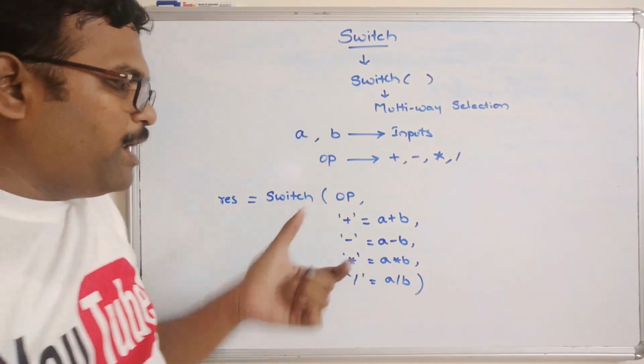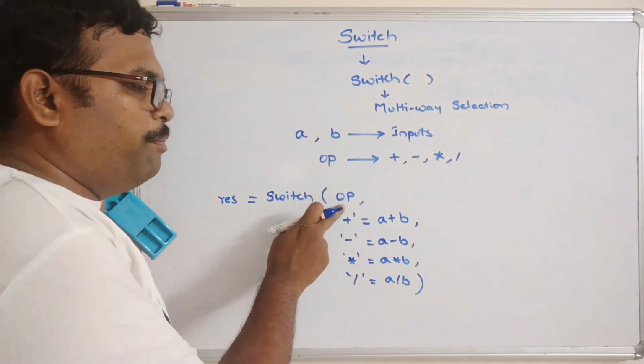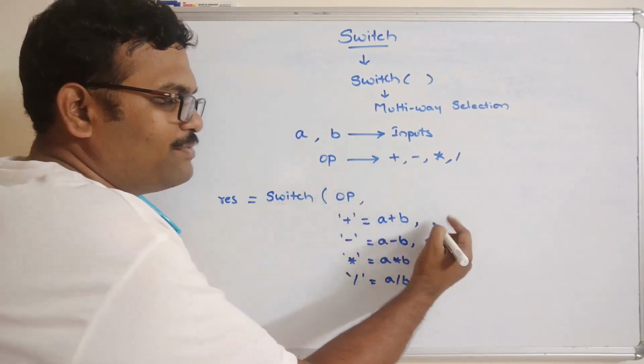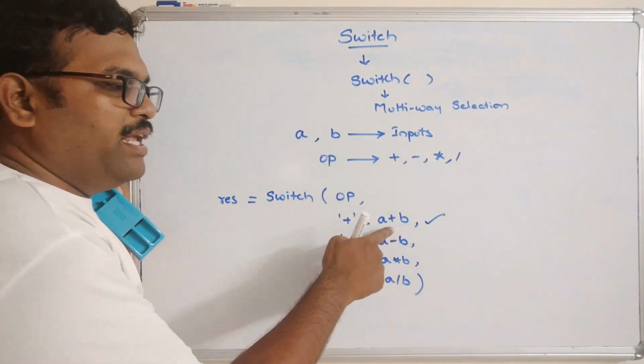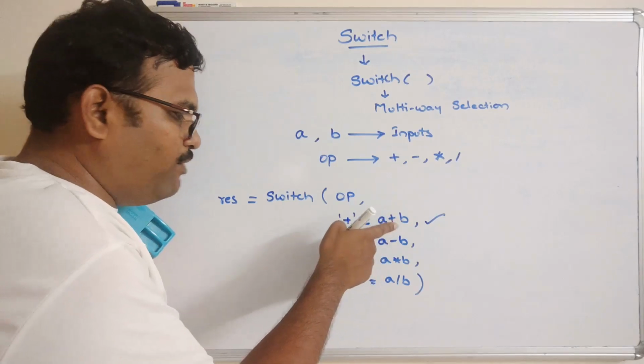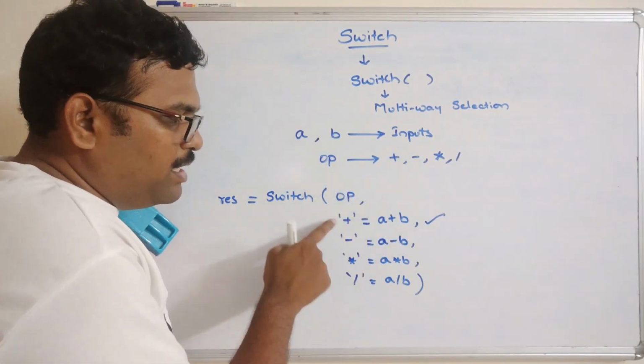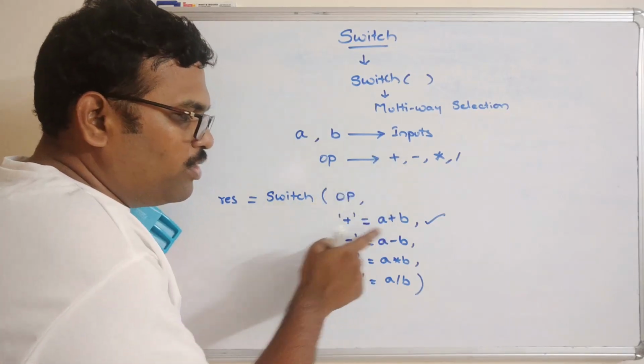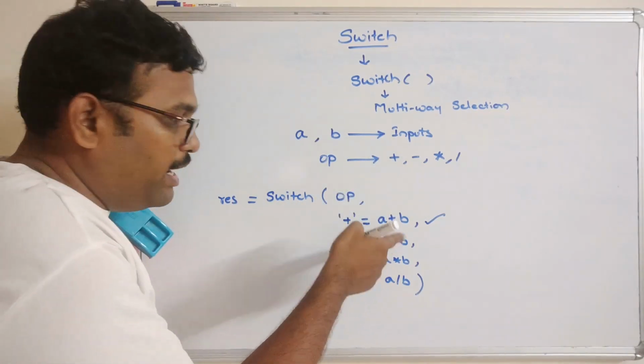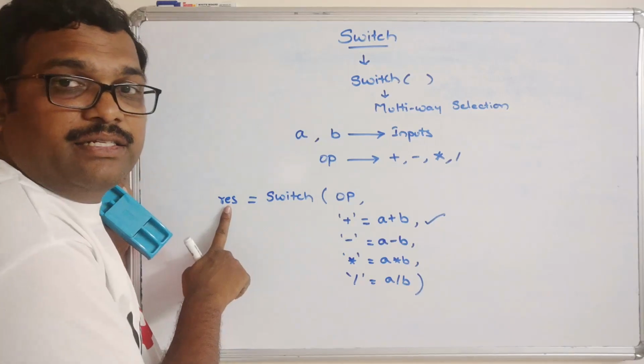So these are all the 5 parameters, and if OP is a plus, this case will match, and A plus B will be performed, and that will be returned to result. And if minus is given, this case will match, so A minus B will be calculated and the result will be sent to result.